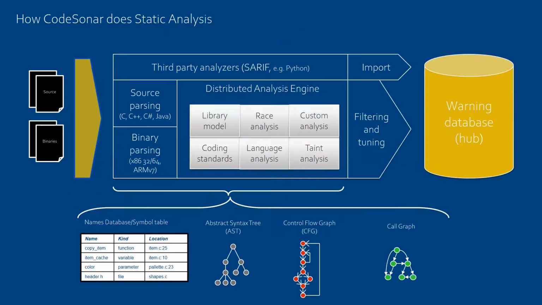Basically, you have your source code or your binaries, you parse that, you do different kinds of analysis on that, race analysis or taint analysis, and then you place everything in a database.